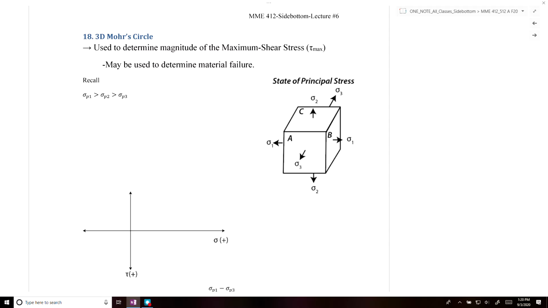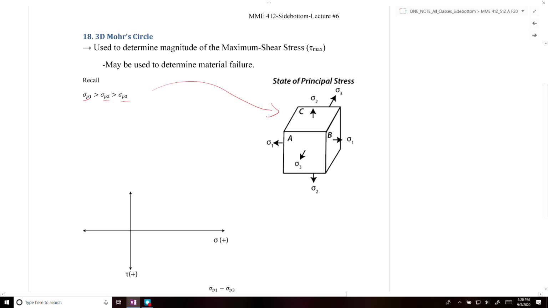So, if you recall from the last few lectures, we talked about stress and finding the principal stresses. For a given state of stress in 3 dimensions, we have 3 principal stresses: sigma p1, sigma p2, and sigma p3. In the principal stress state, only normal stresses are acting on our stress element.